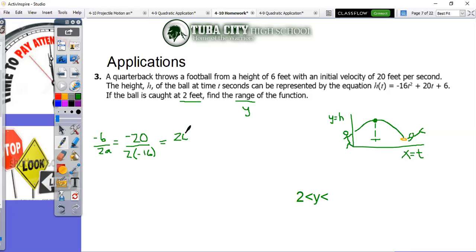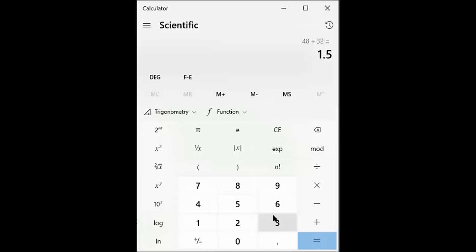But if I can get rid of the negatives, I will try my best to get rid of negatives whenever I can. Now I'm going to go to the calculator and go 20 divided by 32. And this is 0.625 seconds. So that is when the ball reaches it.